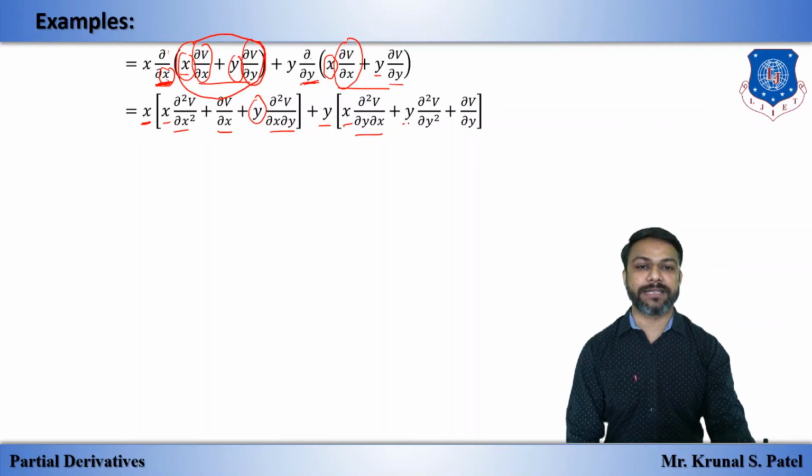So first y as it is, differentiation of del V by del y with respect to y is del square V by del y square, plus del V by del y as it is, and differentiation of y with respect to y is 1.